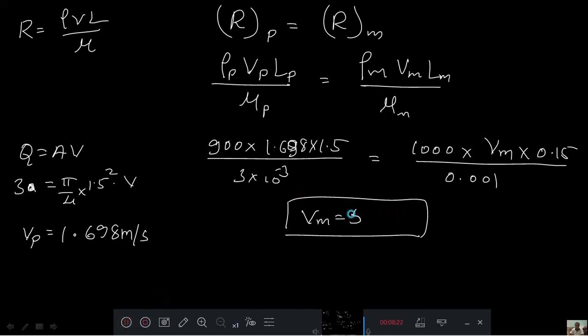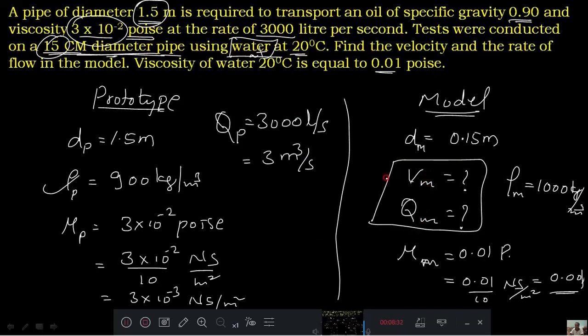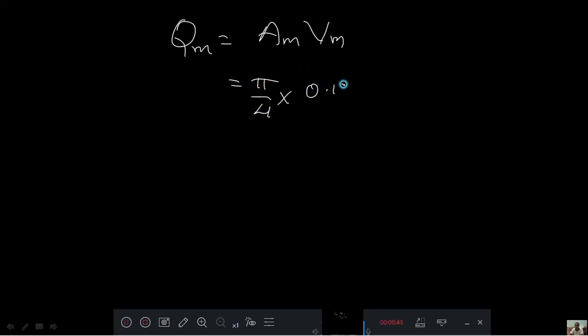That is 5.091 meter per second. Understood? Now if I get this, then the rest of the things is very easy. Go back, what do you want? You want Qm, the Q for the model, that is area of the model and velocity of the model: pi by 4 into 0.15 square into 5.091.